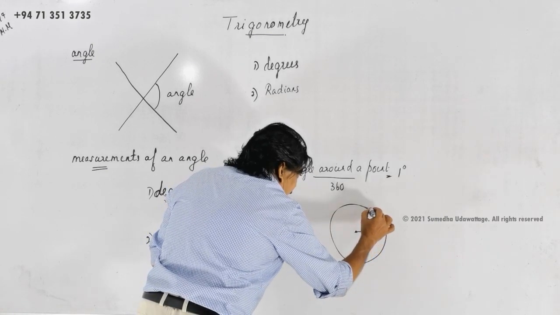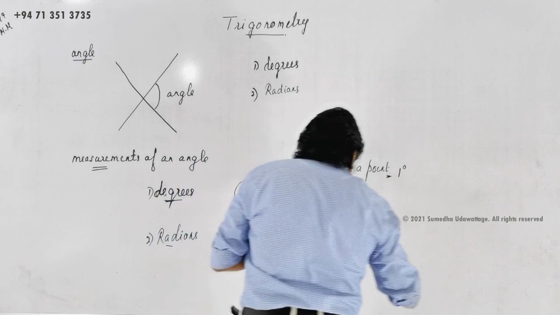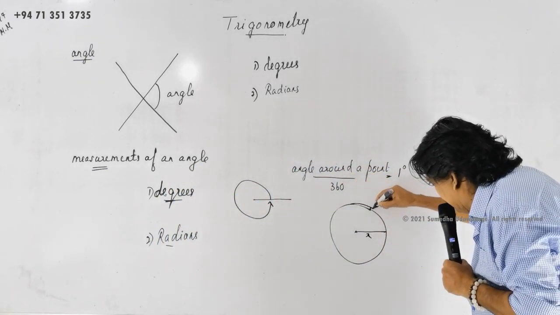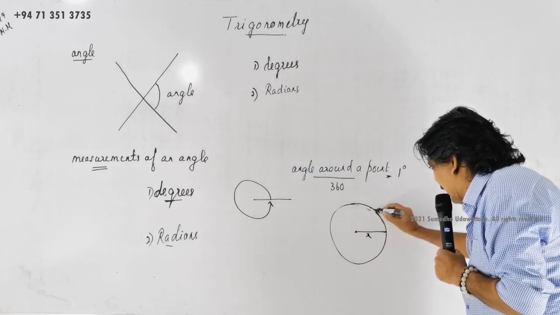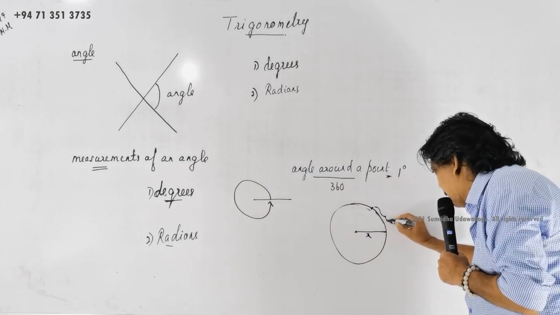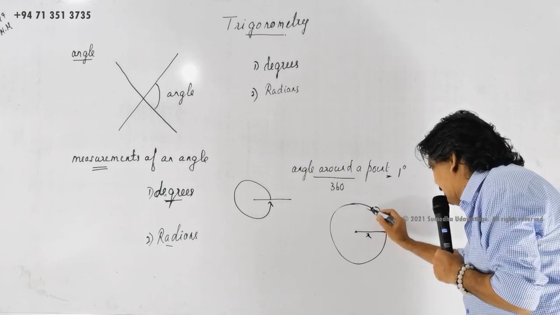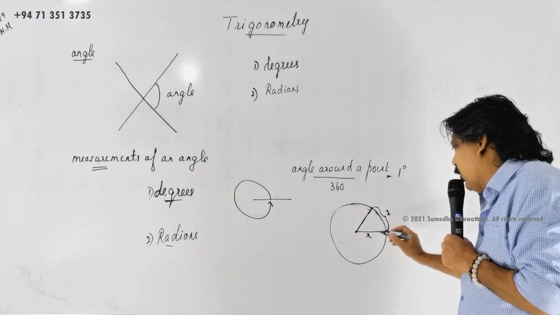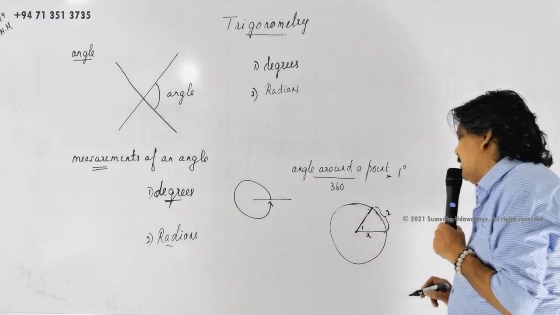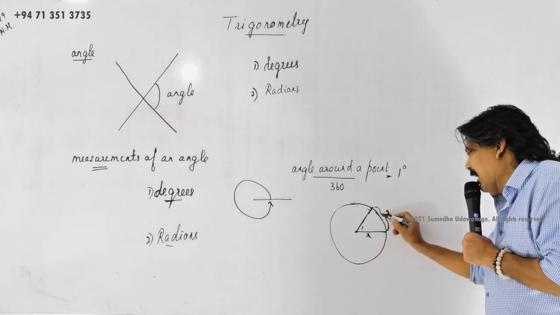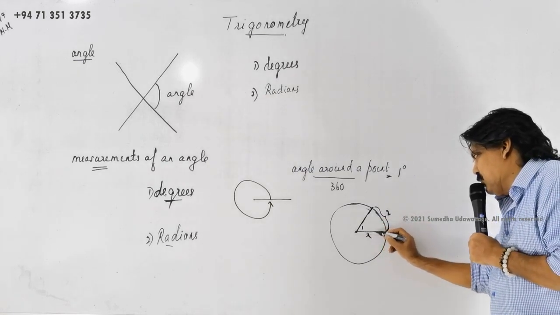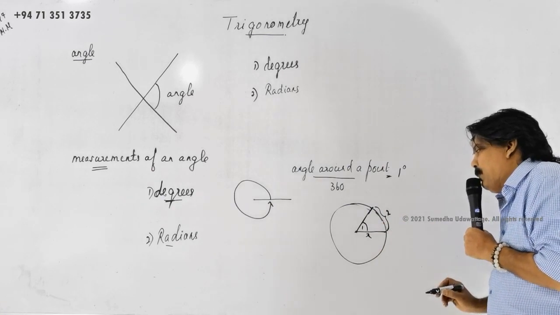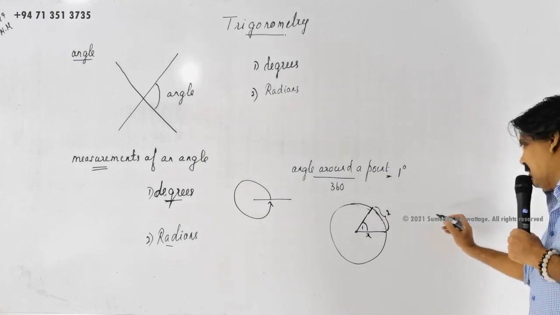If you take an arc where the length of the arc is equal to the radius, a certain angle we get, we call it 1 radian. The length of the arc is equal to the radius, then this certain angle is said to be 1 radian.